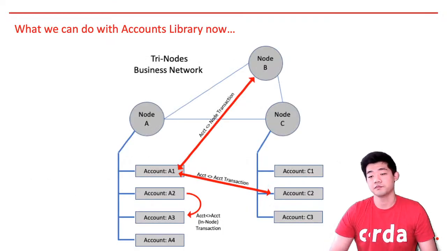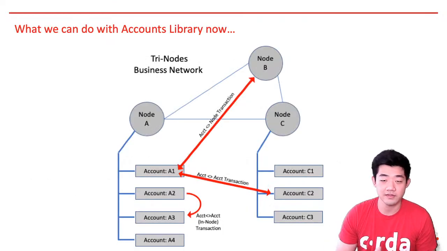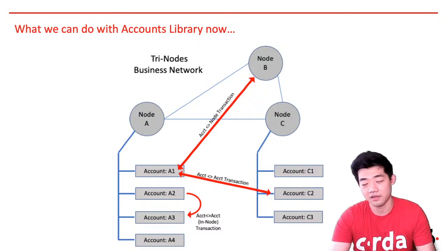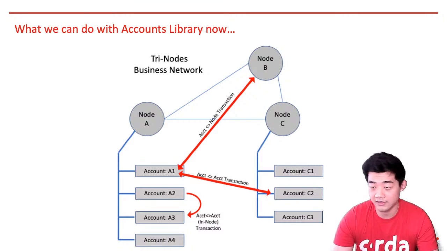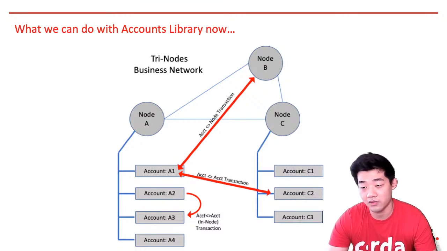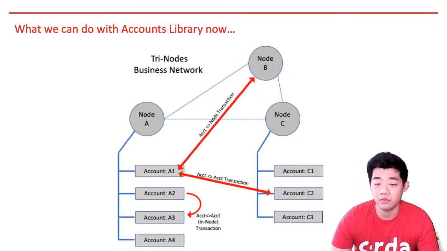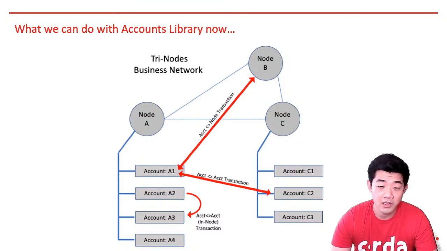Cool. The next one. With a little bit more understanding of what's going on inside the Corda node with Corda accounts, with how the key management and the identity are set up, what can we actually do with the Corda libraries? With Corda accounts, a simple 3-node network can operate with much more flexibility.